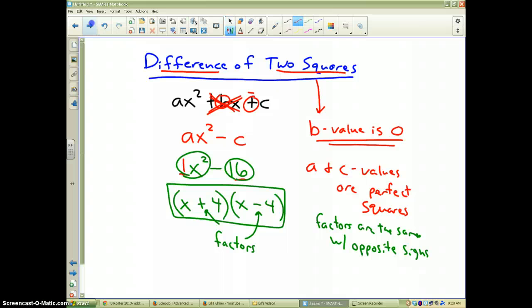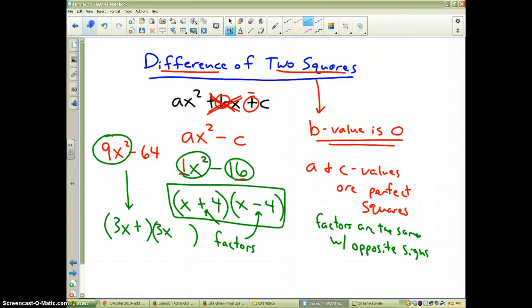Another type of example would be, I'll leave that written up here, I'll write on the left side. Let's say you have 9x squared minus 64. Very easy to factor because the factors are going to be the same with opposite signs. Well, 9x squared, that's 3x times 3x.